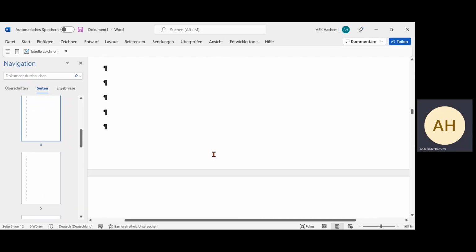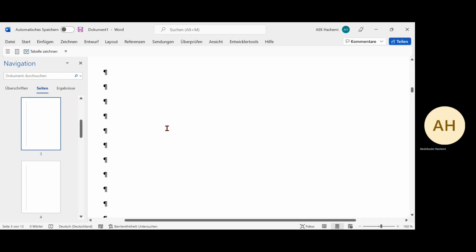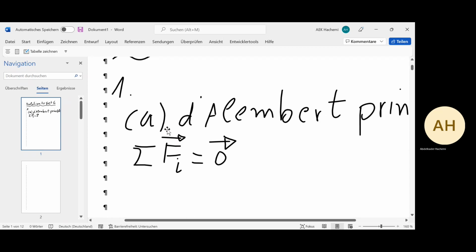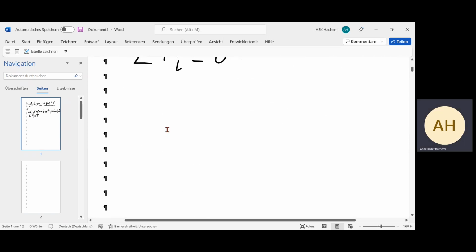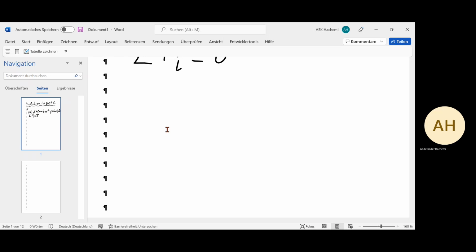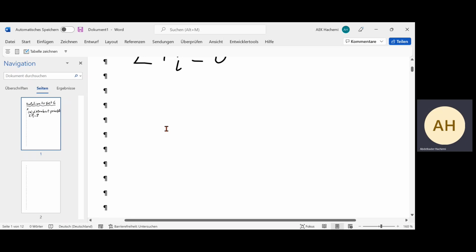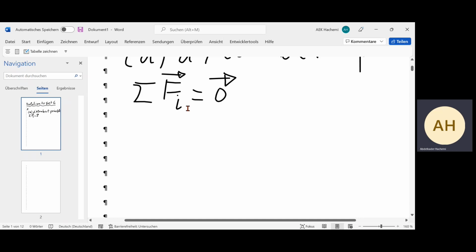Then if we do now the equilibrium, the sum of the forces in S direction is equal to 0.